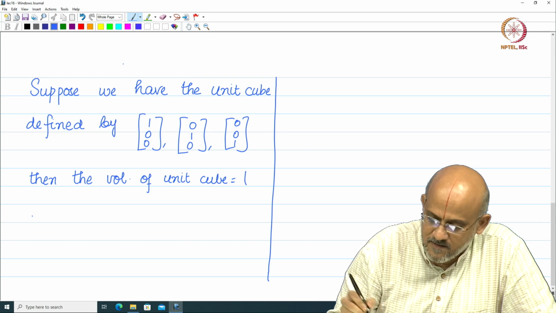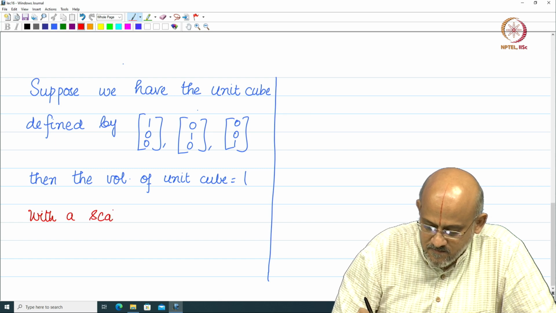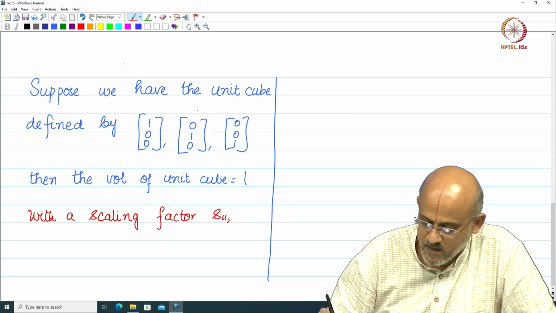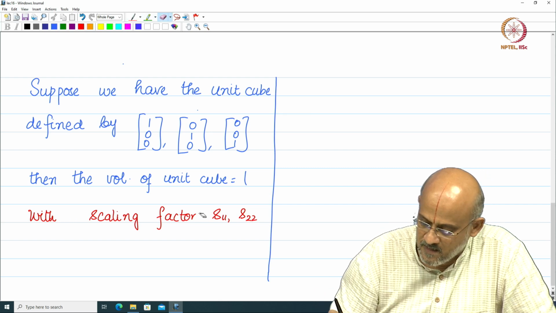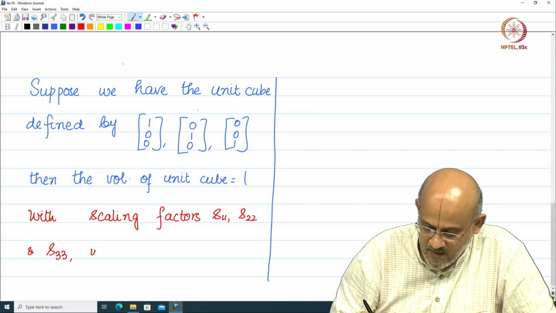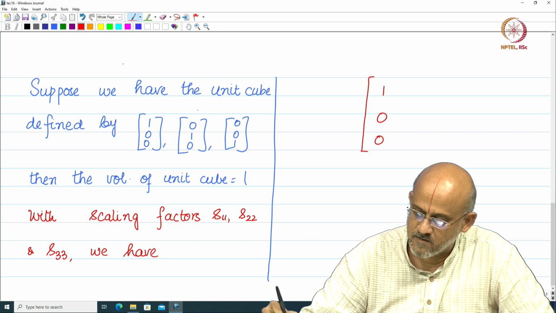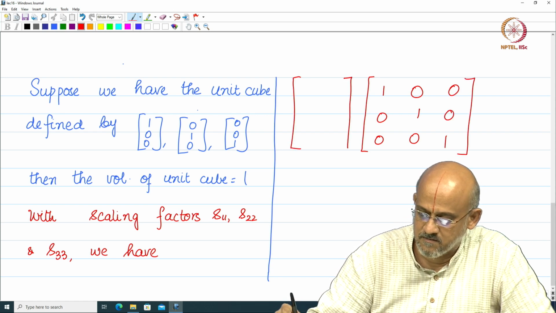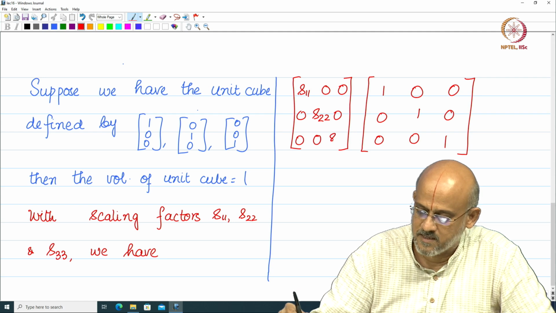So with scaling factors S11, S22 and S33, the unit cube, 1 0 0, 0 1 0, 0 0 1, gets scaled by the matrix S11 0 0, 0 S22 0, 0 0 S33.